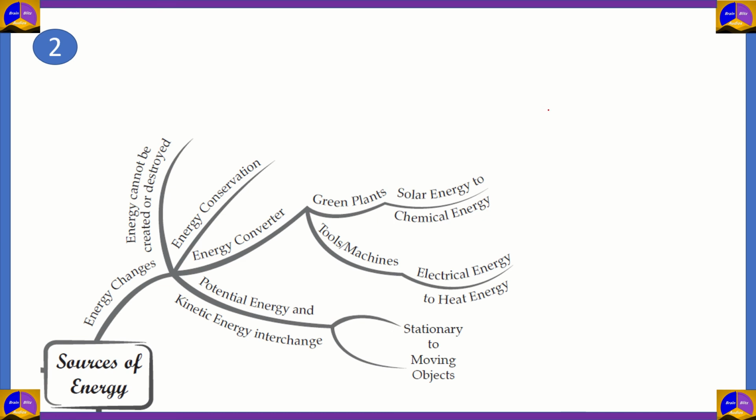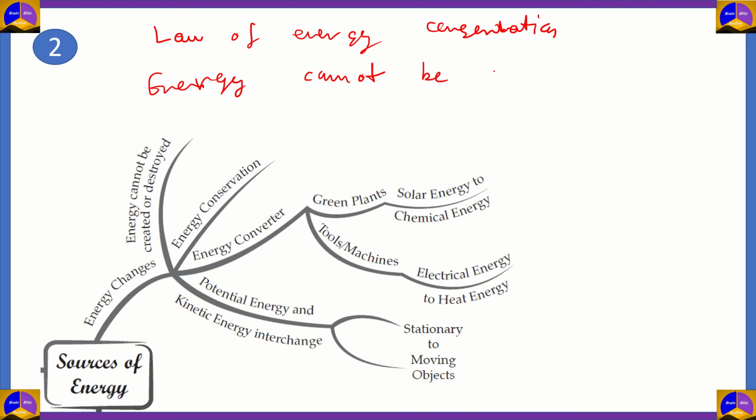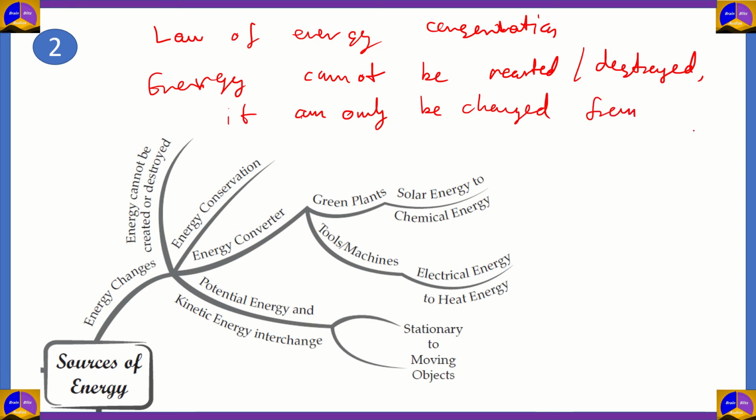Now, when we look at energy changes, we need to remember the law of energy conservation. This says that energy cannot be created or destroyed. It can only be changed from one form to another.